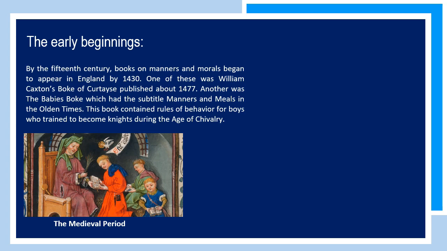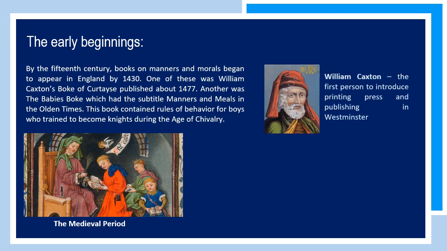So, one of the most important contributors during the medieval period is William Caxton. William Caxton, class, is the first person to introduce the printing press and publishing in Westminster.